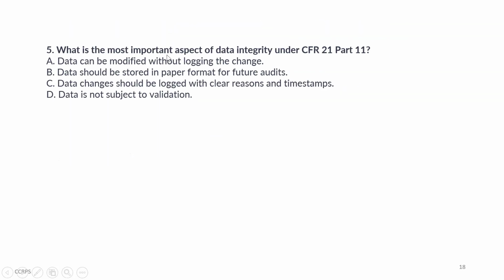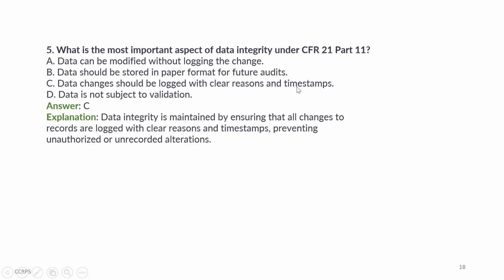Question 5. What is the most important aspect of data integrity under CFR 21 Part 11? It would be C, data changes should be logged with clear reasons and timestamps, as data integrity is maintained by ensuring that all changes to records are logged with clear reasons and timestamps, preventing unauthorized or unrecorded alterations.